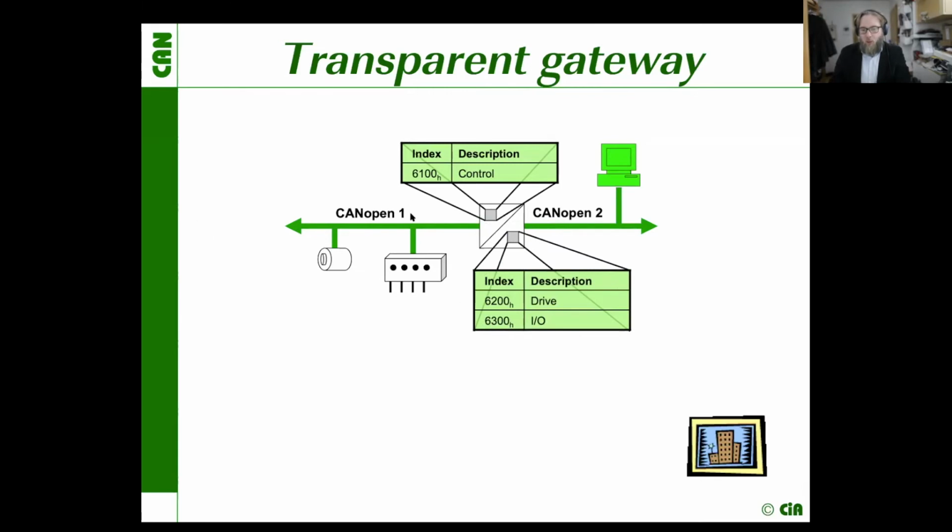So it scans network 1 and presents all the functionality it found on network 1 onto the side of network 2. So that makes it possible to place gateways anywhere in the system.